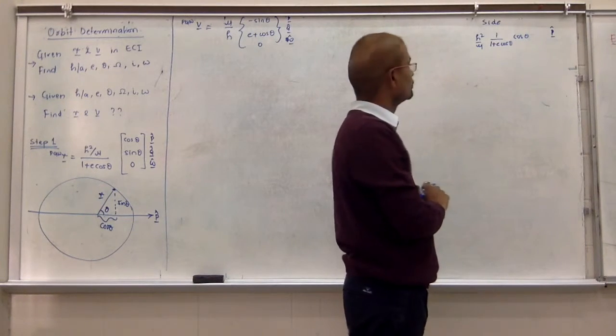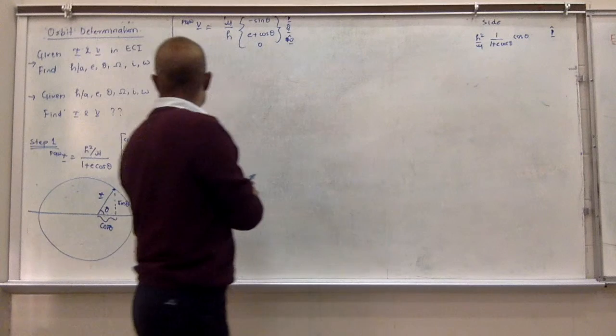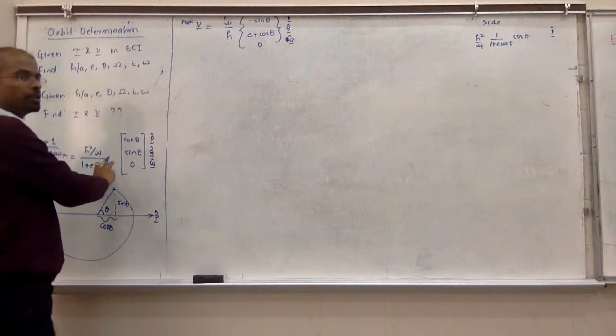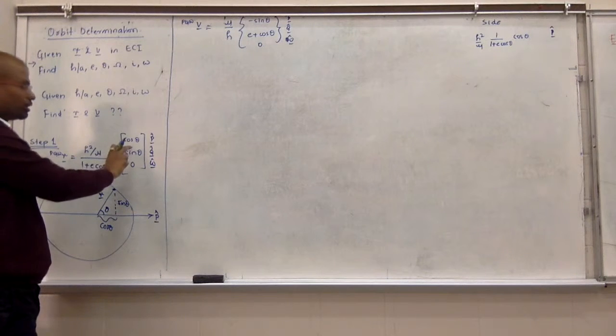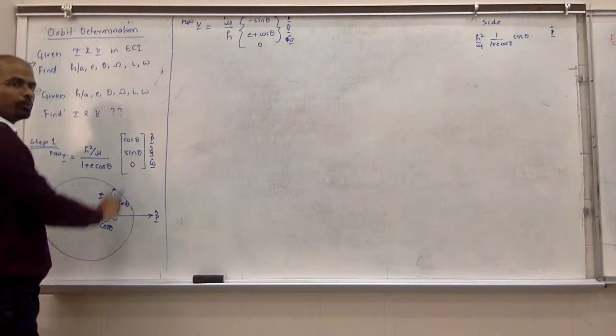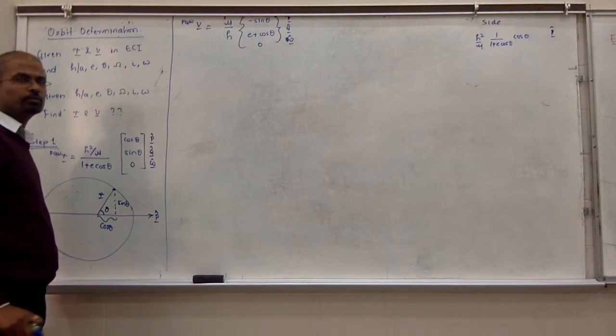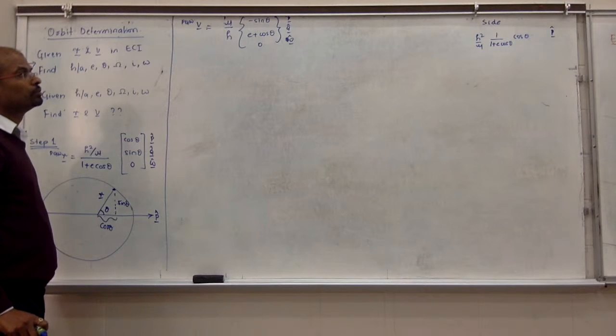It multiplies. This is a vector: x component, y component, z component. Q is sine theta.